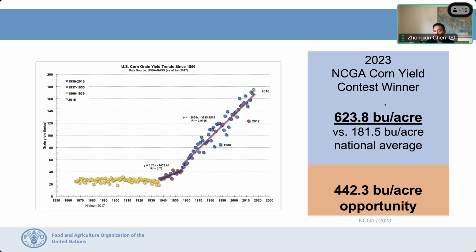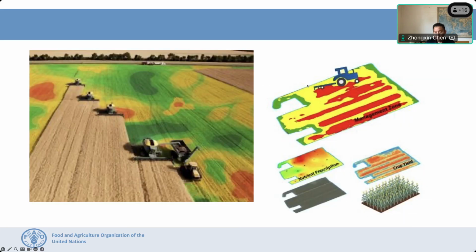So we take the opportunity. Why do I share this? Because agriculture, from the parcel of cropland to region, to continent, to global, is really heterogeneous. Either the conditions, for example the soil and the climate, and also the practices, and also the final yield vary from site to site geospatially.